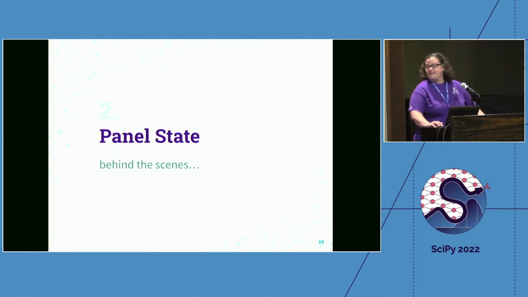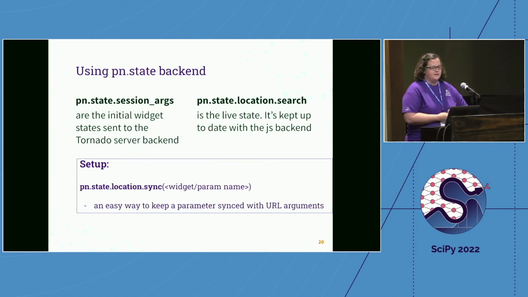So Panel state is sort of the secret sauce I want to talk about for a second. It's sort of behind the scenes of Panel. There are a couple of different parts to it. There's state.session_args, which is the state of Panel and all of the widgets in it.